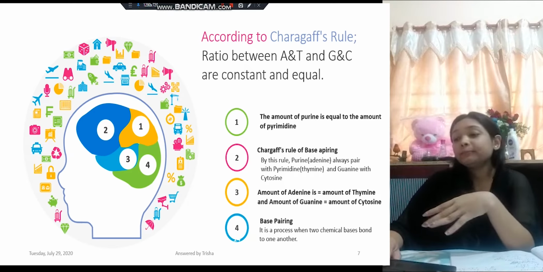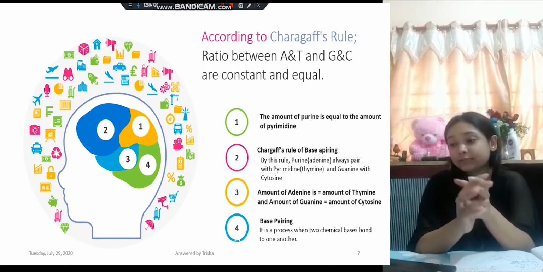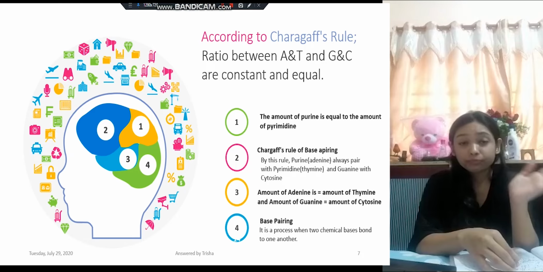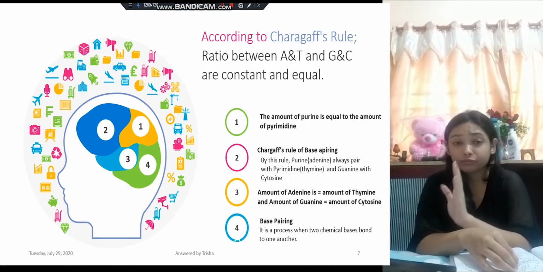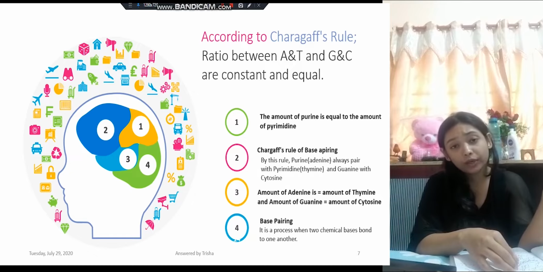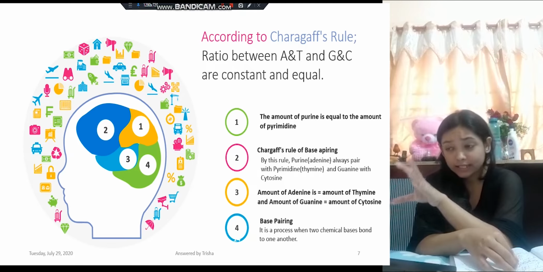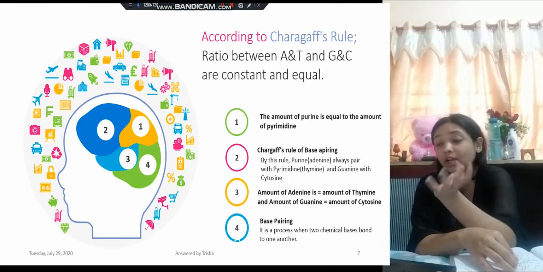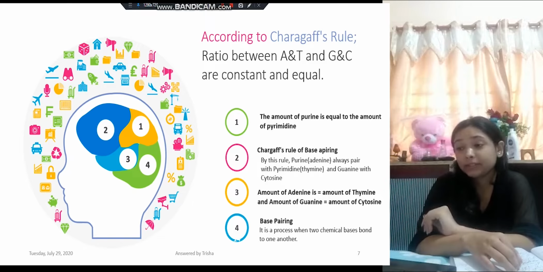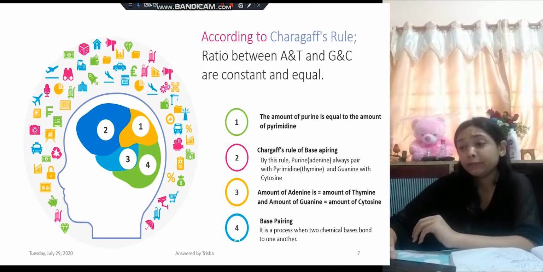To make it simpler, the amount of purine is equal to the amount of pyrimidine. That is, the amount of adenine and guanine is the same as the amount of cytosine and thymine, or uracil in case of RNA.